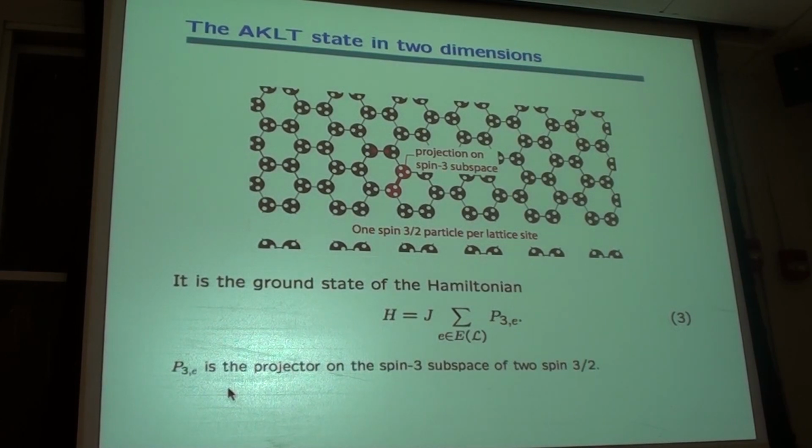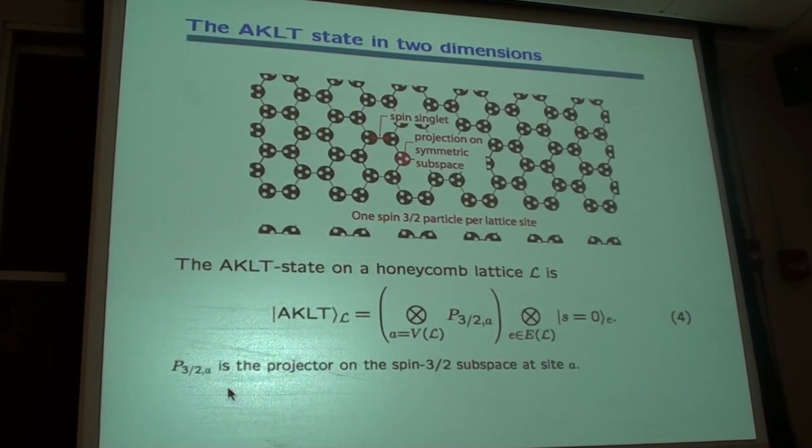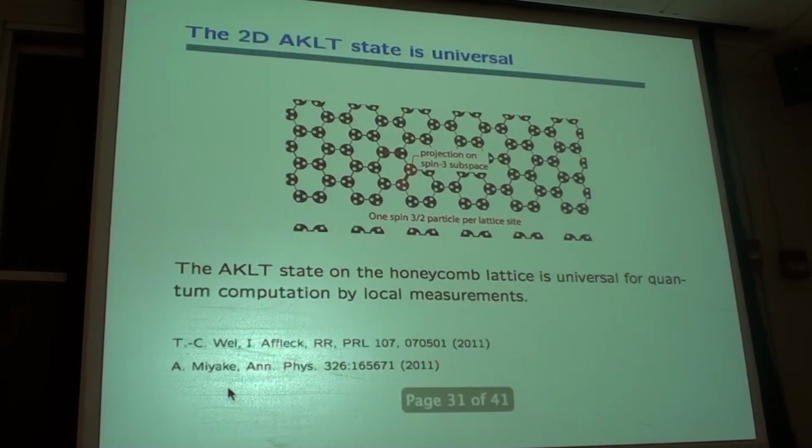In the case of the chain it was 2, here it is 3. I would like to show you that the ground state of this Hamiltonian is exactly known. The result here is that this state is universal for quantum computation.